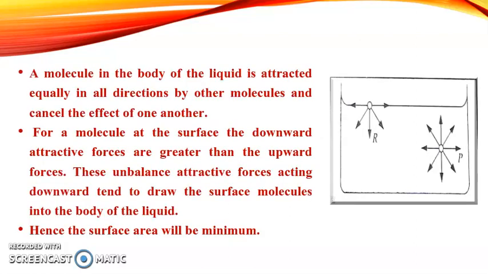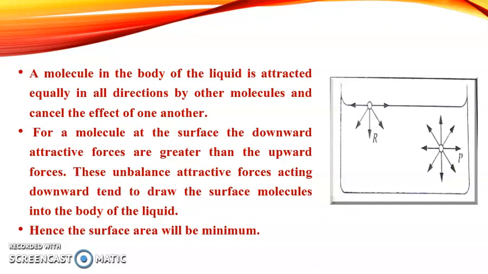Look at the figure. In the figure, a liquid is taken in the beaker and there are two molecules. Two liquid molecules are represented in the figure. One is P and the other one is R. What is the difference in position between these two molecules?